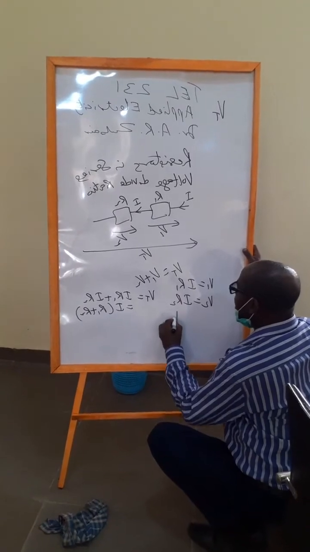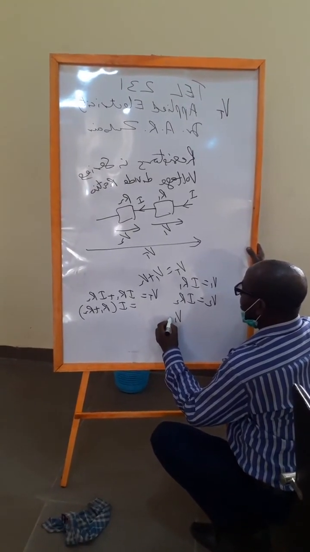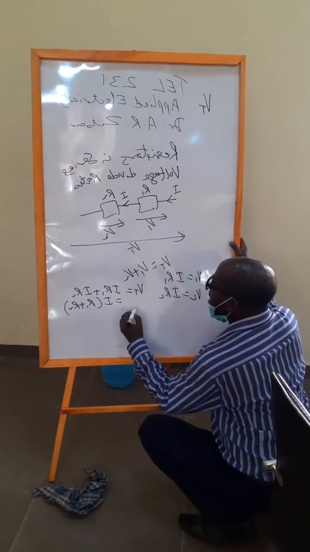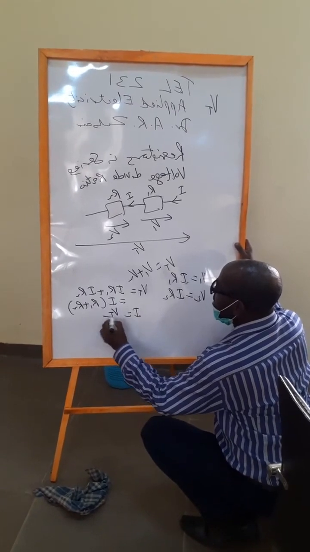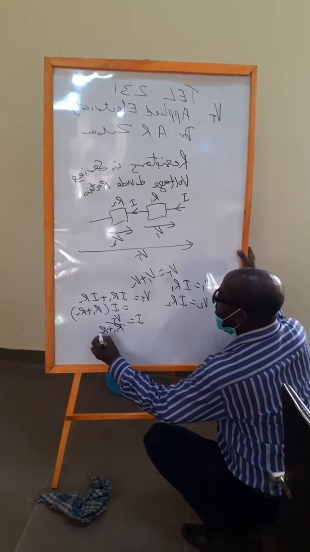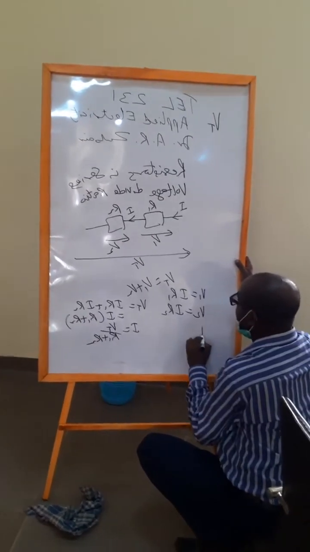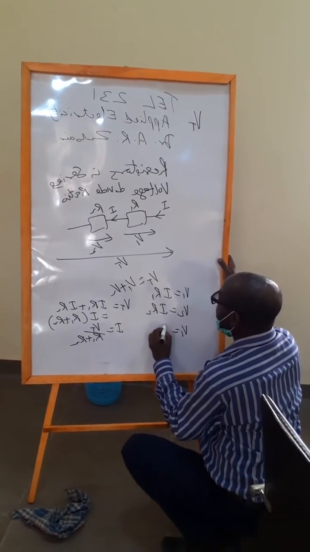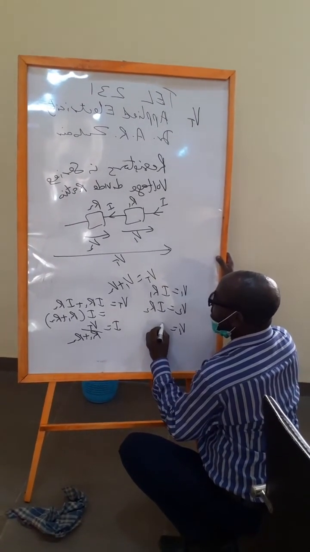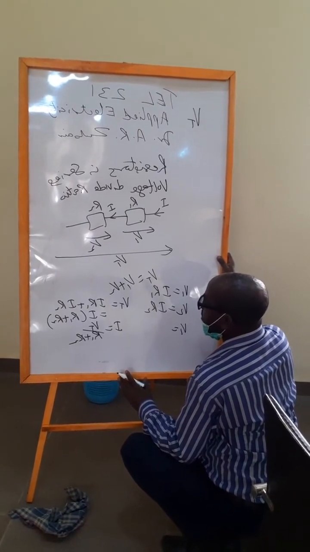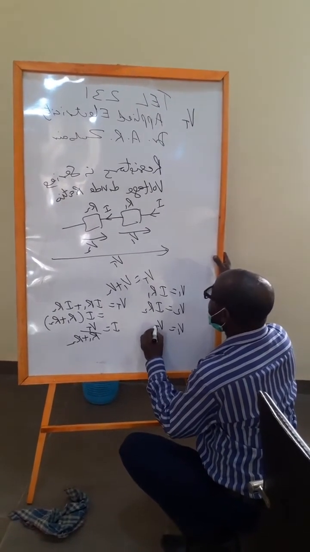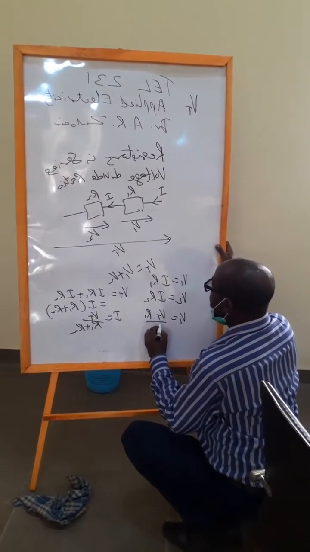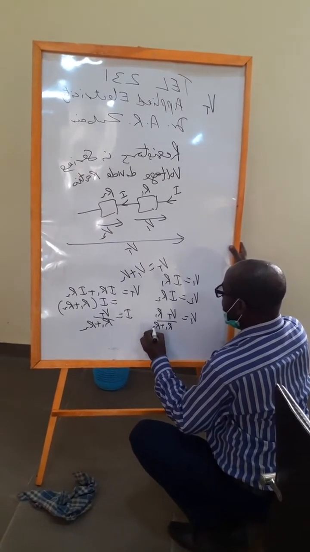Then I'm interested in V1. V1 will be, so from here, I can say that I equals Vt over R1 plus R2. So I can say that my V1, substitute for this I, is going to be what? I is going to be Vt over R1 plus R2.